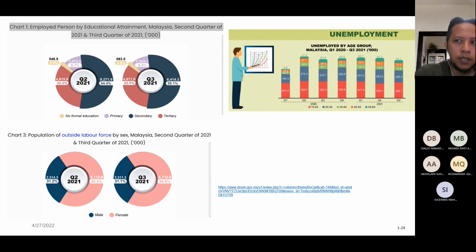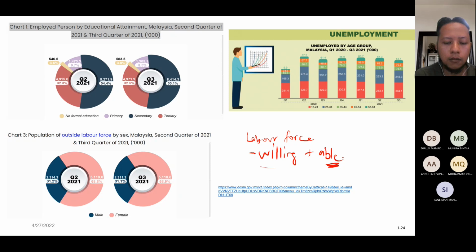If you look at the definition of labor force, these are people who are willing plus able. So there are people who are able to work, but they are not willing to work. For example, housewives. Housewives are more than able to work. For example, if they go to the job market, they can work. However, they are not willing to find a job because they want to remain in the house and take care of the house.